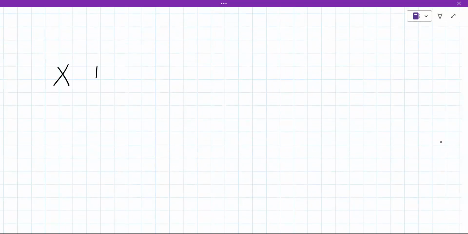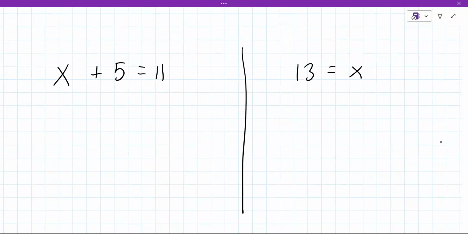So the other types of one-step equations are solved... we've kind of already looked at them, but let's say it's x plus 5 equals 11 and 13 equals x minus 4. On the one on the left, you see addition, so you undo addition with subtraction.